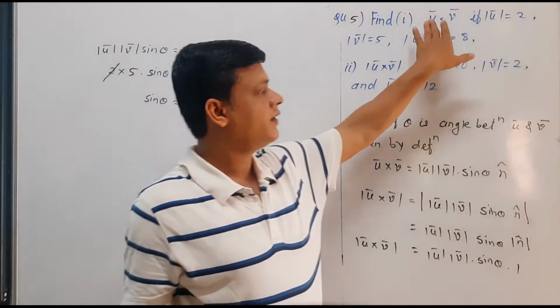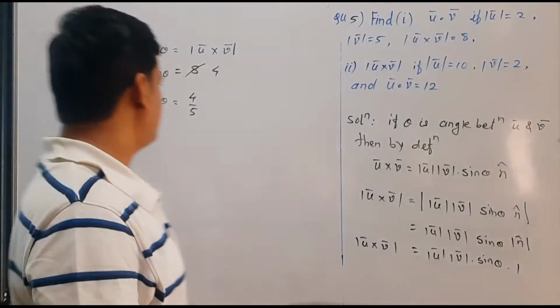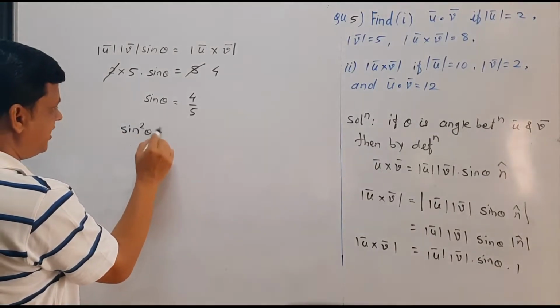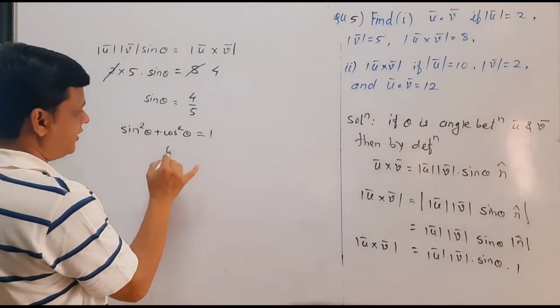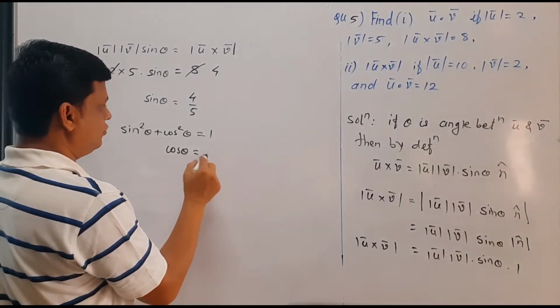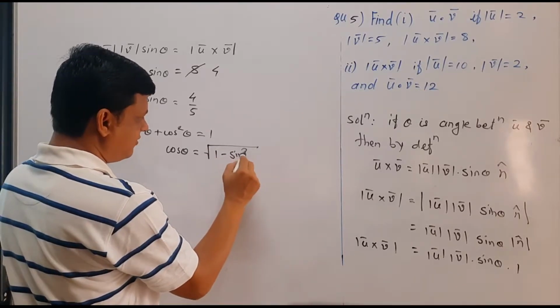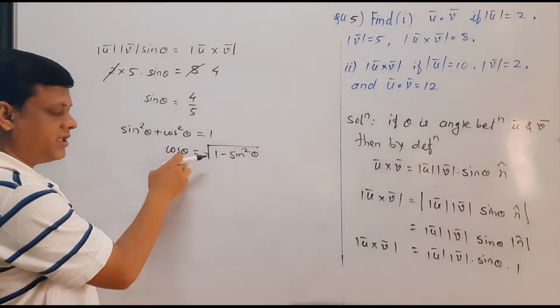But for the scalar product we require the cos ratio. So we use the identity sin square theta plus cos square theta equals 1. From this we write cos theta equals root of 1 minus sin square theta.